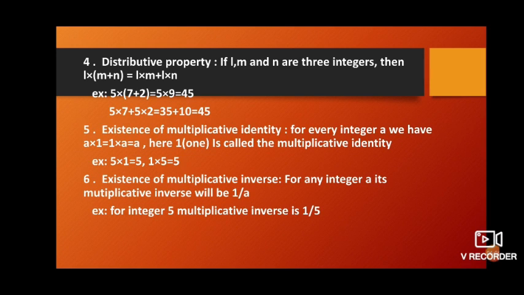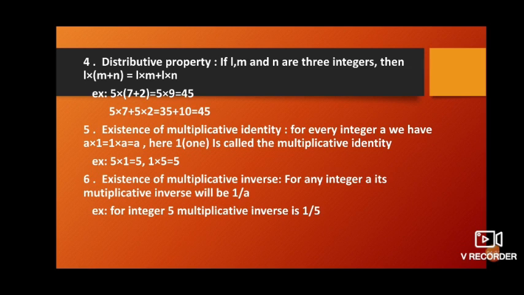Next, existence of multiplicative identity. If we take any integer and multiply it with some number, we have to get the same number. Is there any number like that? Yes, children, we have one. What is that? 1. If we multiply any number with 1, you will get the same number as a result.